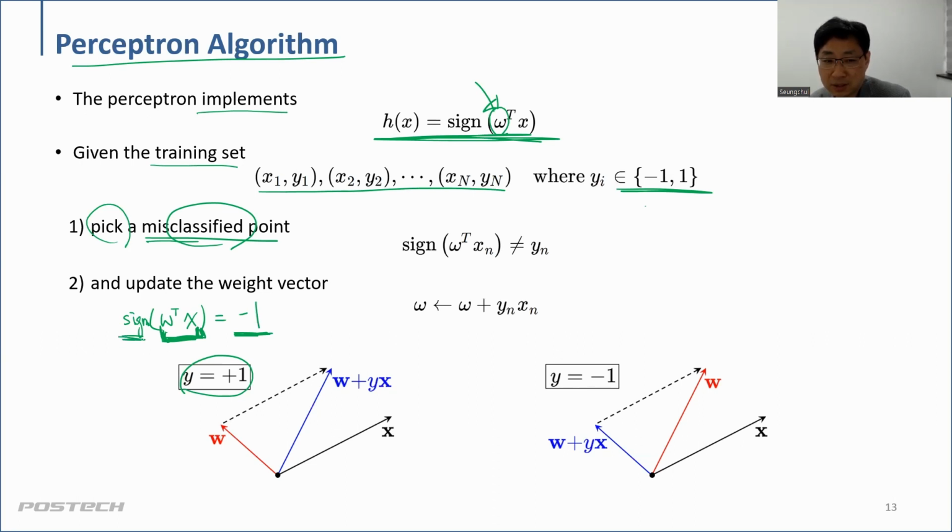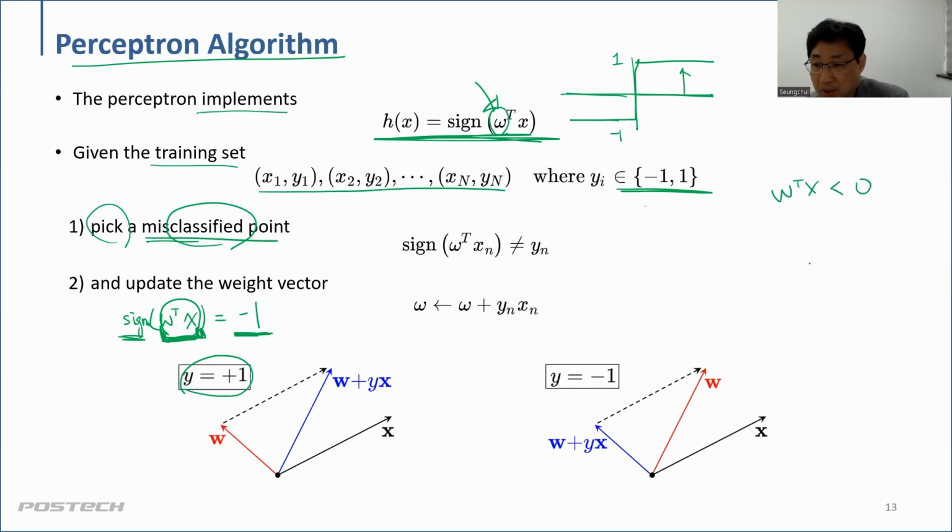It's a sign function like that one. All the positive values give us +1, all the negative values -1. That means this one is negative. So remember, omega transpose x is negative.